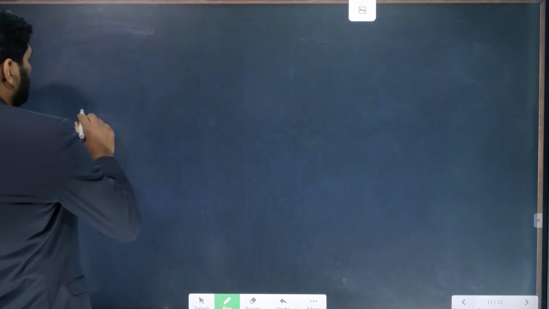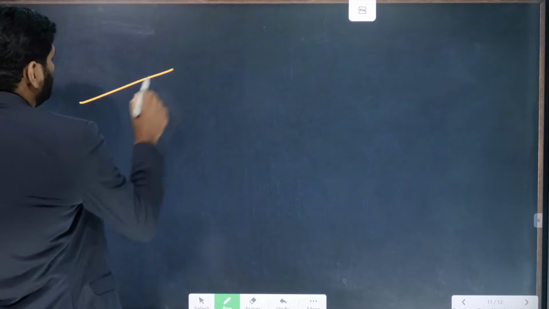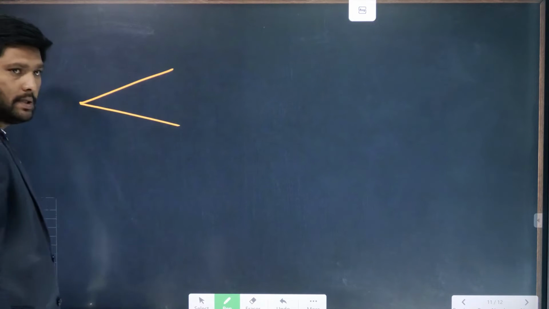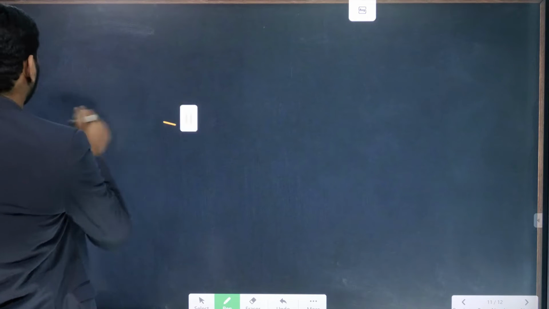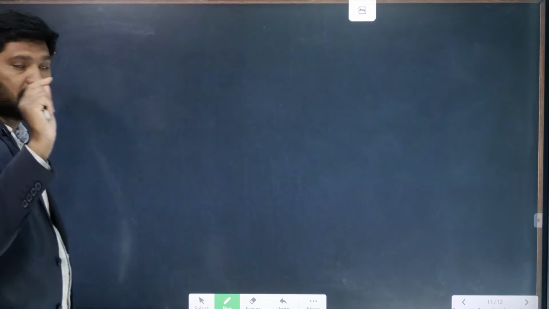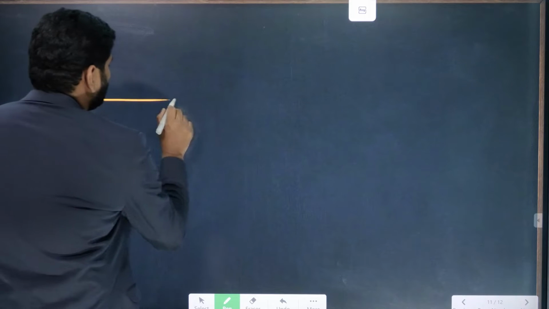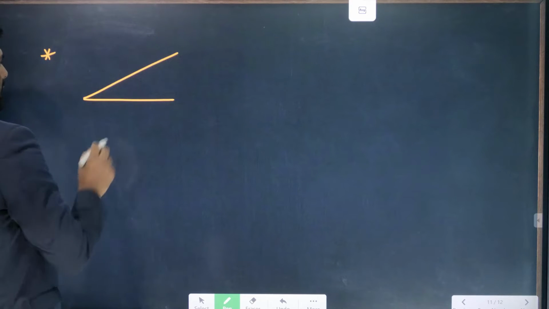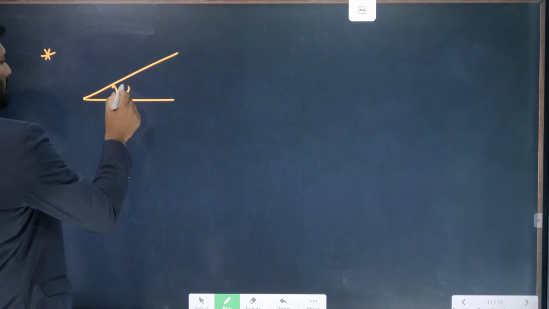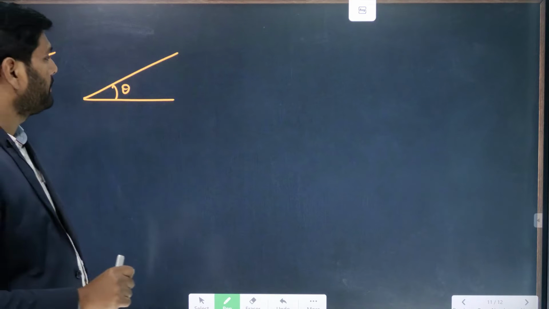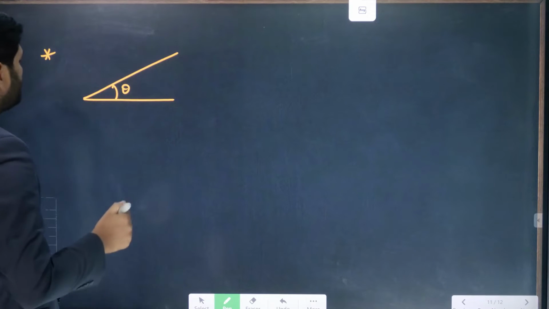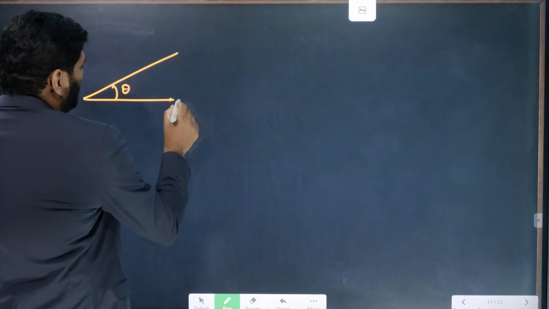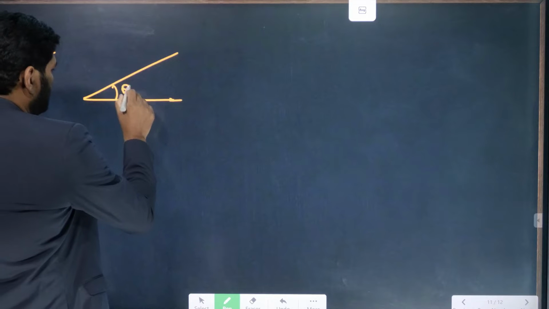Let us take a situation with two rays: this is one line and this is one more ray. The angle between them is, for example, theta.